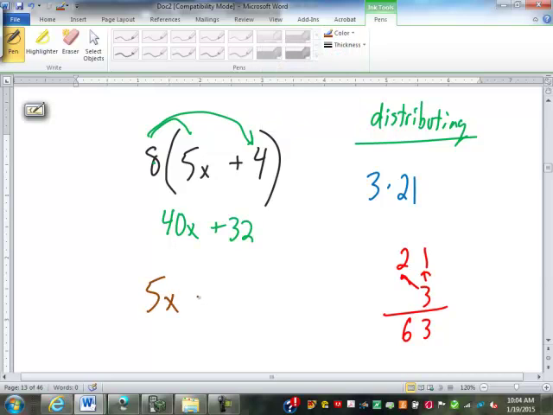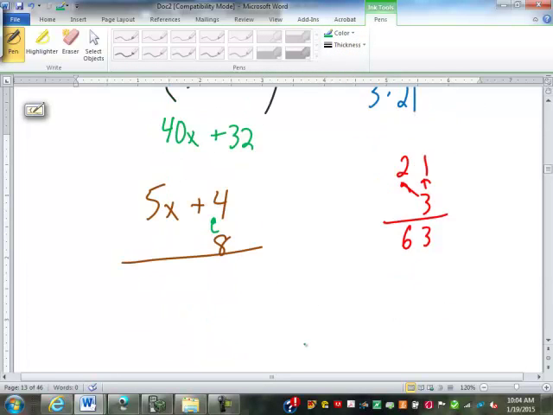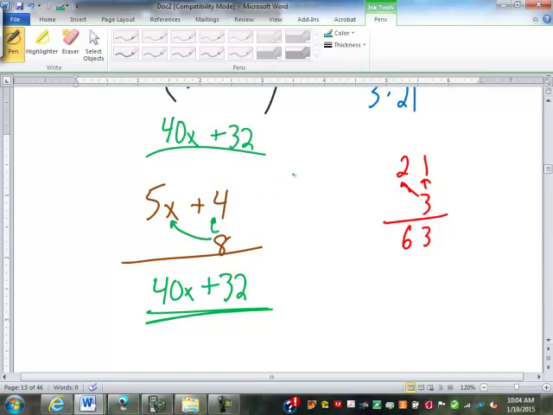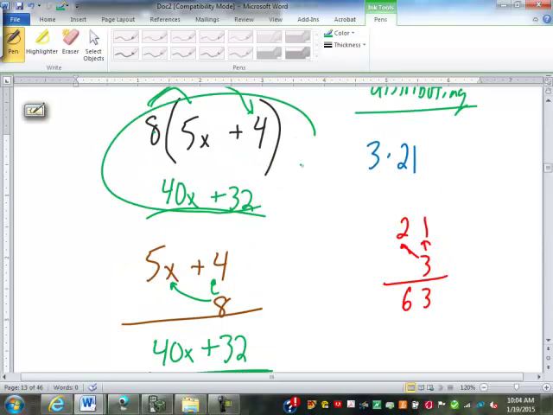I'd put the 5x plus 4 on top, multiply by 8. 8 times 4 is 32. It's a positive 32, so it's plus 32. 8 times 5x is 40x. You can see I get the same answer. Now, the distributing was a little bit shorter, took up less space. But this is really what's happening. It's a long multiplication.